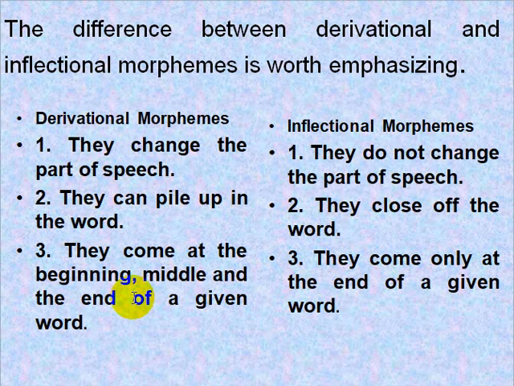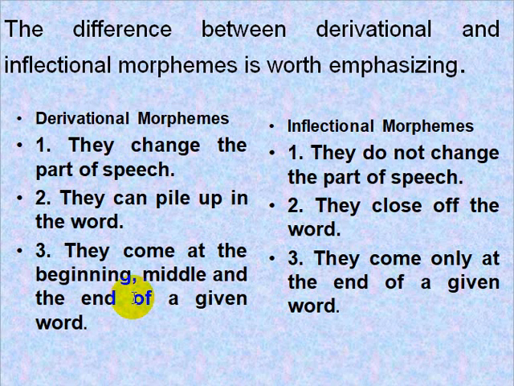Okay, so these 3 or 2 and could be more derivational morphemes can be piled up in one word, and this feature or this point cannot be done in the inflectional morphemes.